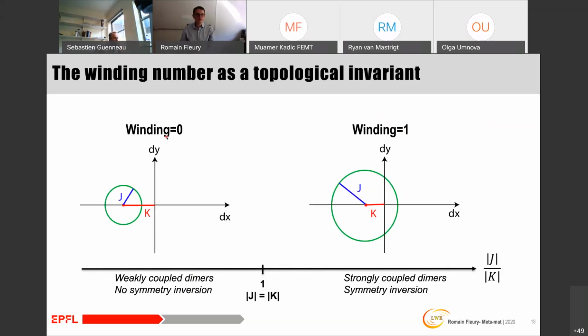So I have to go back to the definition of a topological invariant. It has to be an integer number. This is good. But it also needs to be able to change only if we go through a discontinuous transformation of the band structure. So let's look at the intermediate case when it changes.